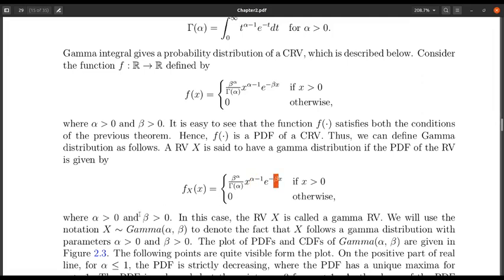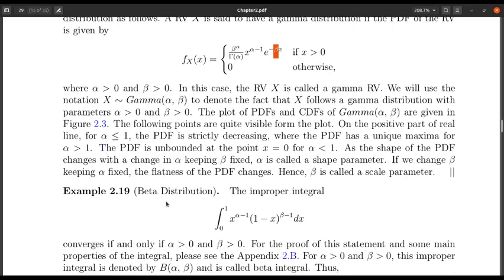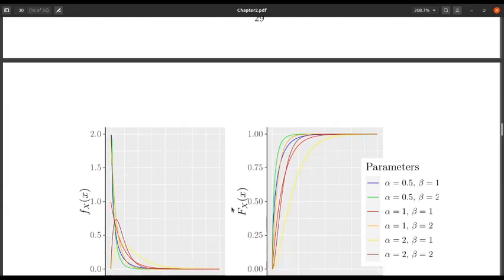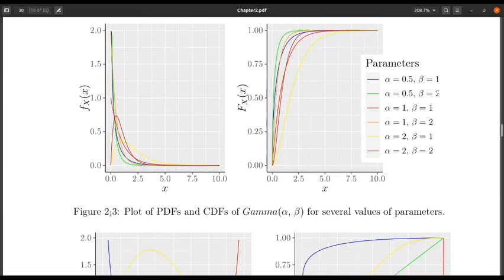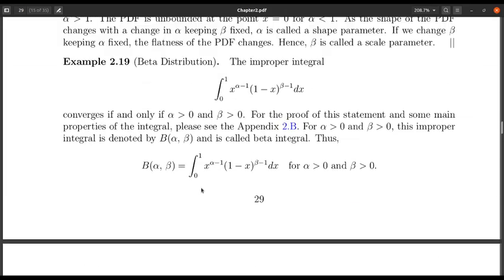So alpha and beta are parameters, and we will use X follows gamma(alpha, beta) to denote that X is a continuous random variable having this PDF. Some graphs are given in figure 2.3. You just check, it is given for different values of alpha and beta. I am not going into the graph.